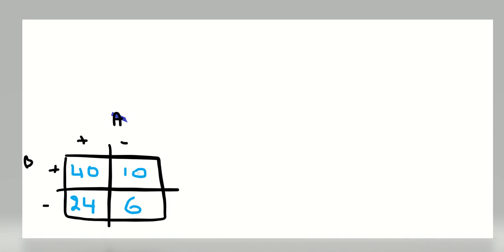So 40 plus 10 is 50, and this is 30. The total is equal to 80. And then you have 16 here, and this is 64. So the proportion positive before the exam, this is the 50 out of the 80, so 50 divided by 80.